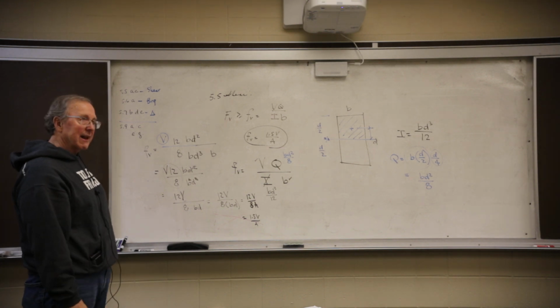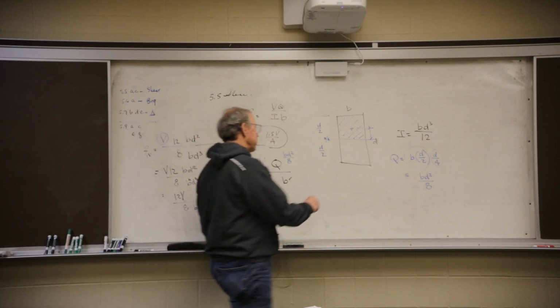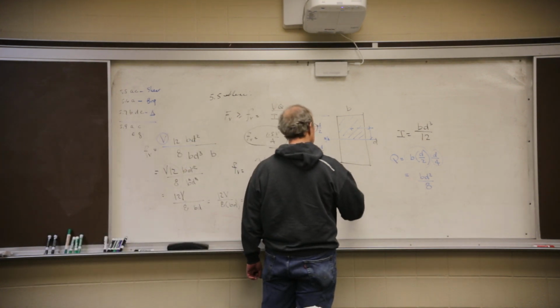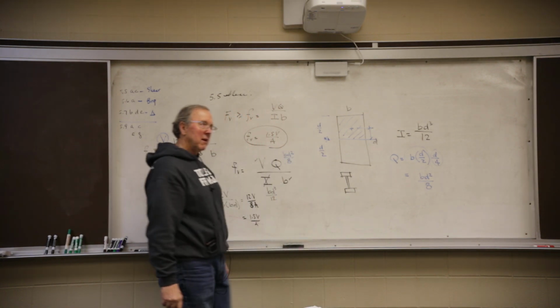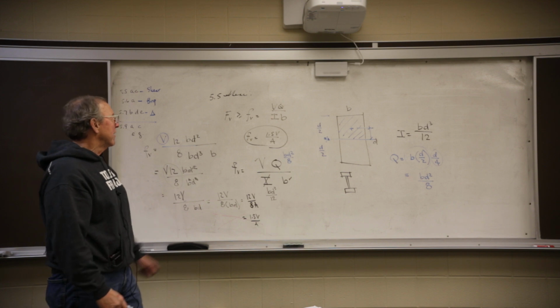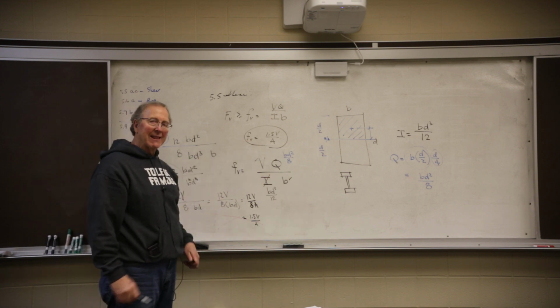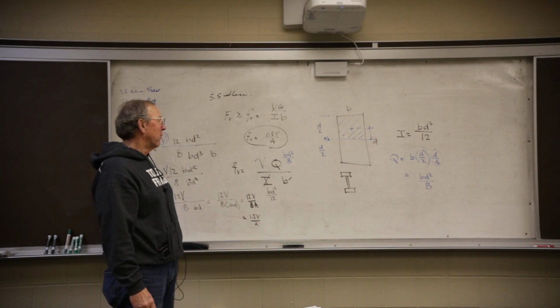So that's how you got that equation. Much easier. Now if you got this shape, and you use that equation, you're playing in the wrong ball game. That equation is not meant for anything but a rectangle. Okay, that's what it was designed for.